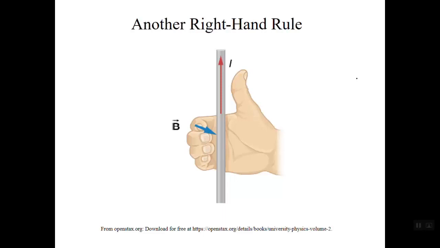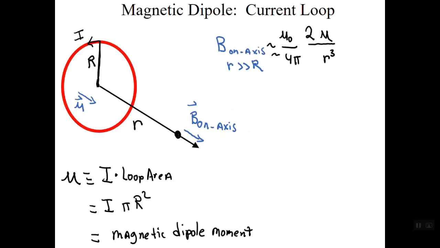When you apply this idea to the loop, you can encircle the loop anywhere with your right hand, making sure that your thumb points in the direction of capital I. Then, by placing your fingertips at the center of the loop, your fingertips will point in the direction of the magnetic field at the center of the loop, and that is the same as the direction of the vector magnetic dipole moment, vector mu, as shown here.